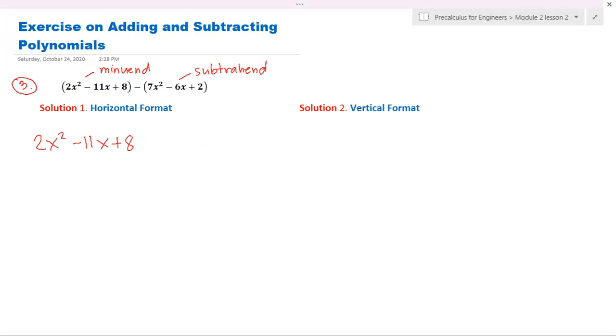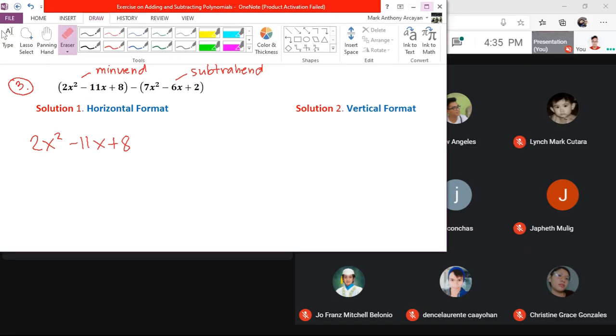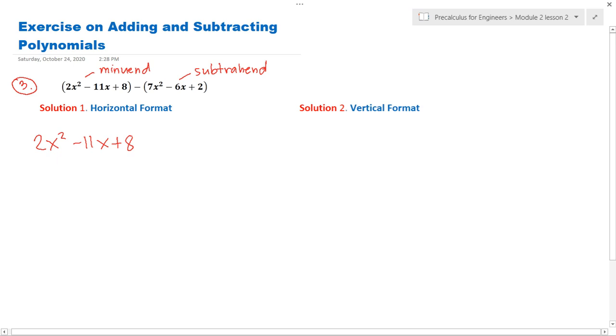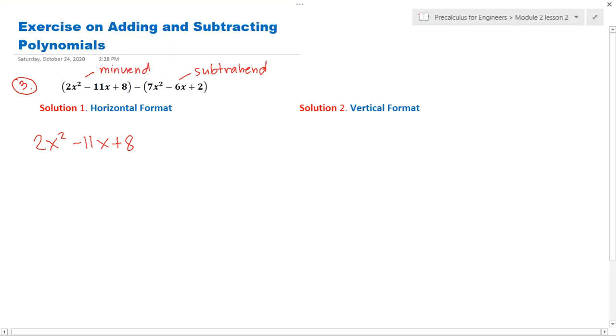Since this is already a subtraction, dapat mong gawin is i-distribute mo tong negative inside the parenthesis. So negative 1 times 7x squared, we have negative 7x squared. Next one, negative 1 times negative 6x, we have positive 6x. The other one, negative 1 times positive 2, we have negative 2.